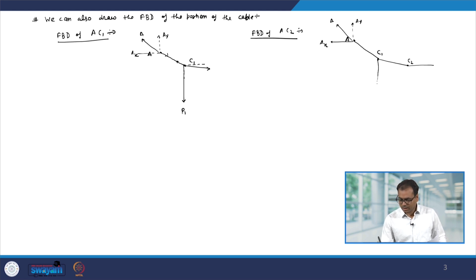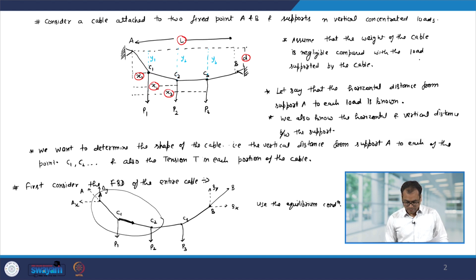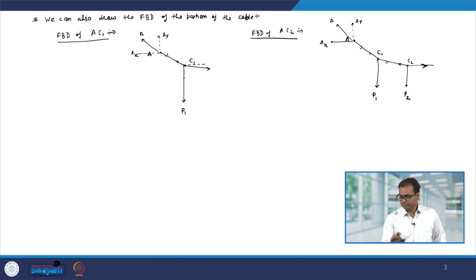At point C1 I have an external force P1. Now, I am not showing the forces at this point, because we are looking at the free body diagram of the whole part AC2. Okay. So, at C2 you have the force P2, and then there will be another force which will act in the direction of C2 C3. Okay. So, this is the free body diagram of AC2.